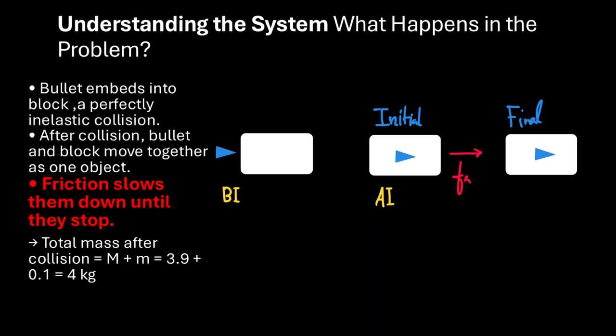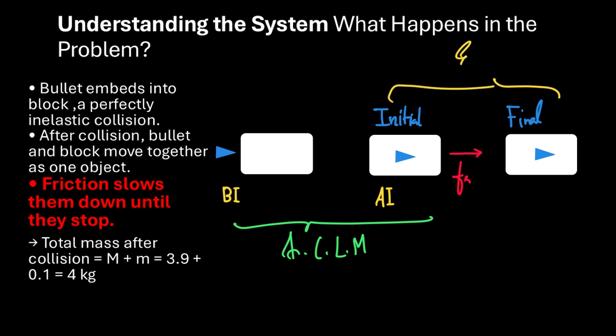So what was the complete system about? Before impact, bullet and block. After impact, bullet and block were together. This much was the region where we applied the law of conservation of linear momentum. And from the initial to final condition, this is where we apply equations of motion, right?